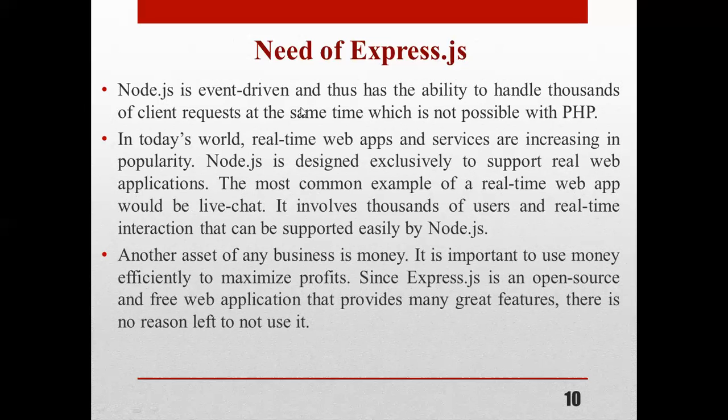Whenever any event occurs, it will respond to that event. We have seen event emitters and the event-driven approach of Node.js. So it can handle thousands of requests from clients at the same time, which is not possible with PHP.